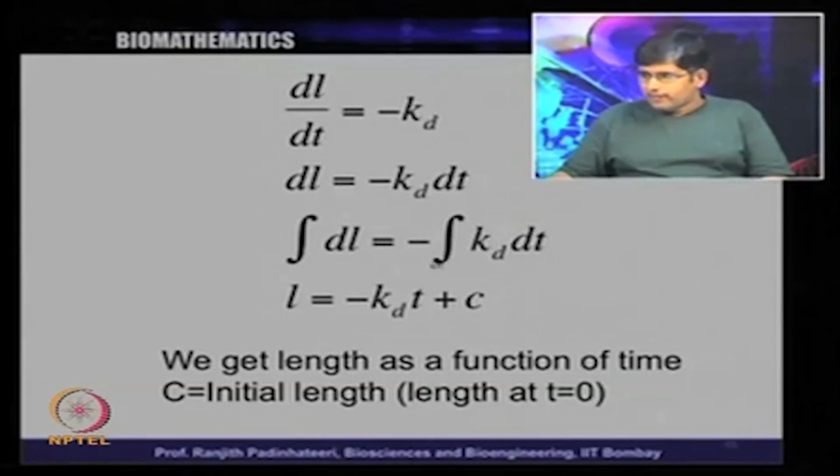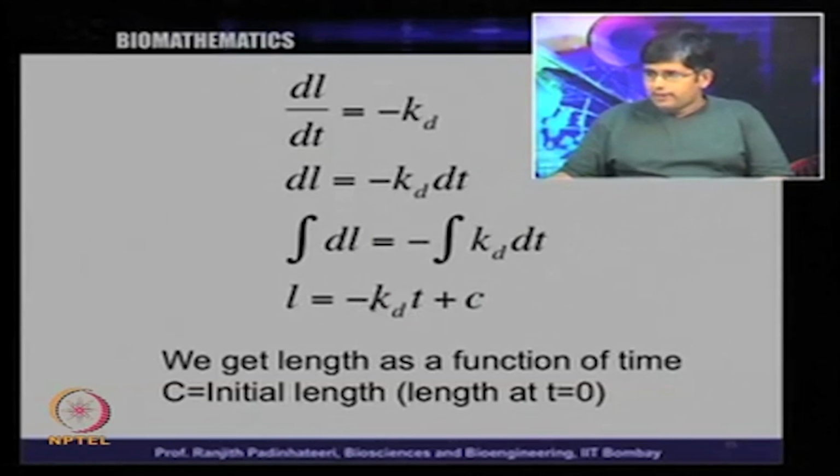Since you have this minus sign here, the integral of dl is L, but the integral of Kd dt, since Kd is a constant, you can take it outside and write it as Kd t plus a constant. So, we get length as a function of time here again, but there is a minus sign here.